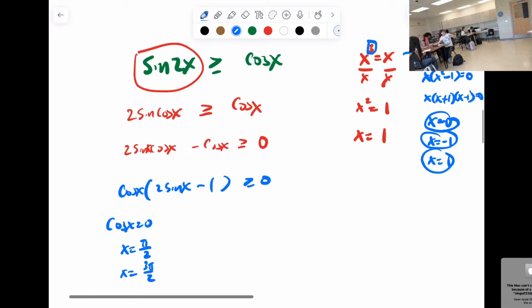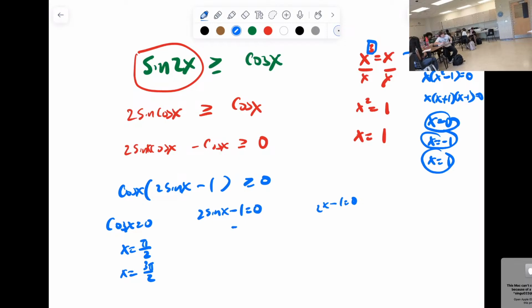Okay, how about you help me on this one? 2 sine of x minus 1 equal to 0. What do I do first? Nicholas, what do I do next? If I have 2 sine x minus 1 equal to 0, what do I do next?